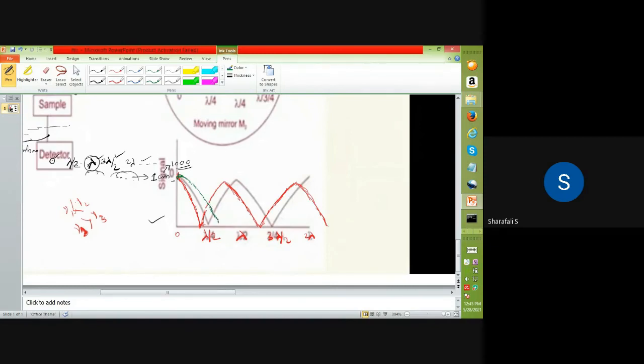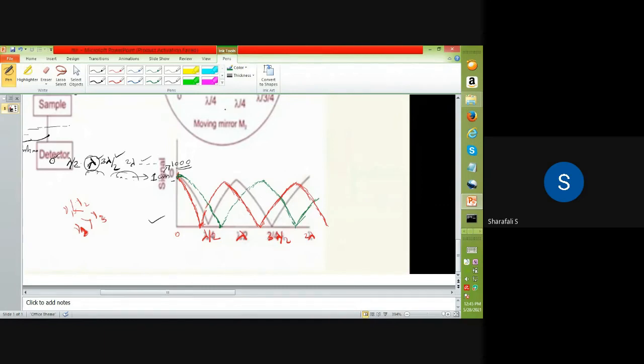It will fall somewhere here, and from there it goes again like this, and then back. So for different frequencies, we will get different interference patterns like this with the movement of the mirror.